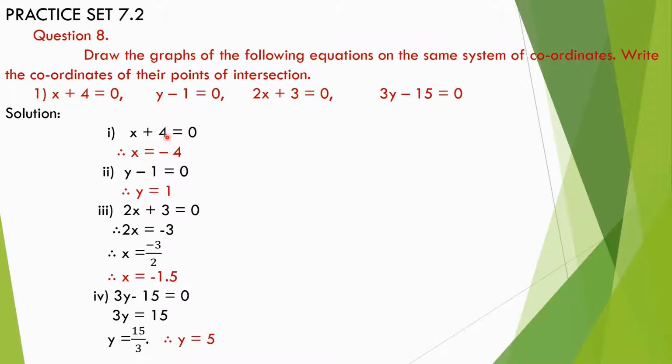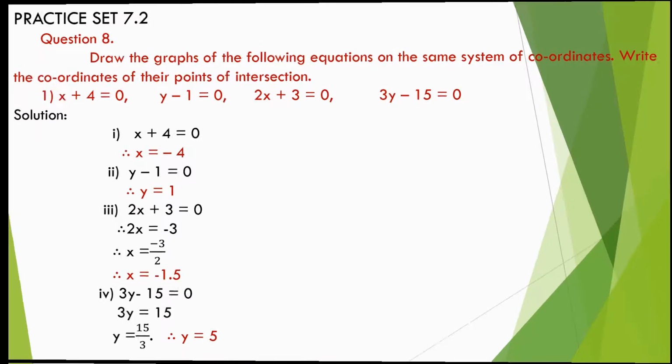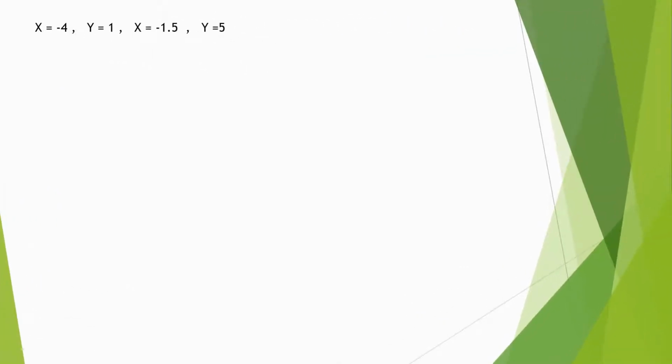You have to draw all these equations on the same graph paper. First draw the graphs of the equations x is equal to negative 4, y equal to 1, x is equal to negative 1.5 and y equal to 5.